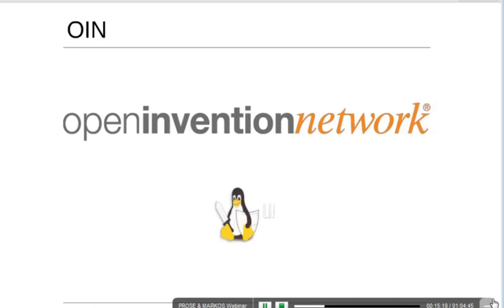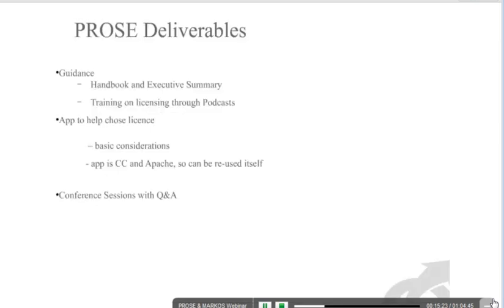So if patents are involved in your project, it's very much worth you taking some time to investigate how they'll be affected and to choose the right license for you. But please do be aware that there may be implied licenses, and it may also be worth you looking at whether there's a benefit to your organisation in becoming part of OIN.